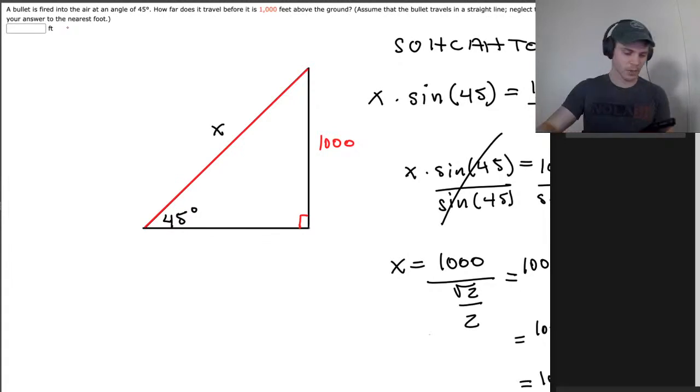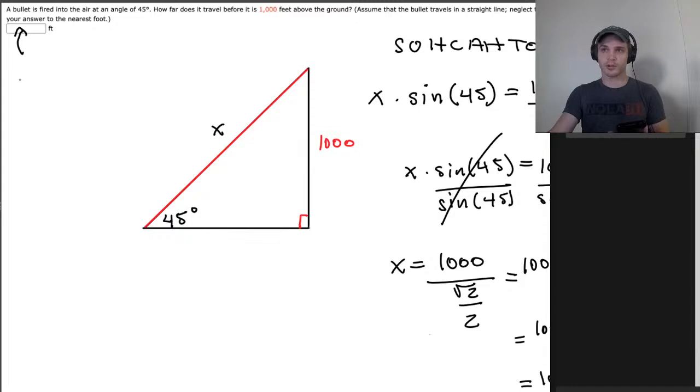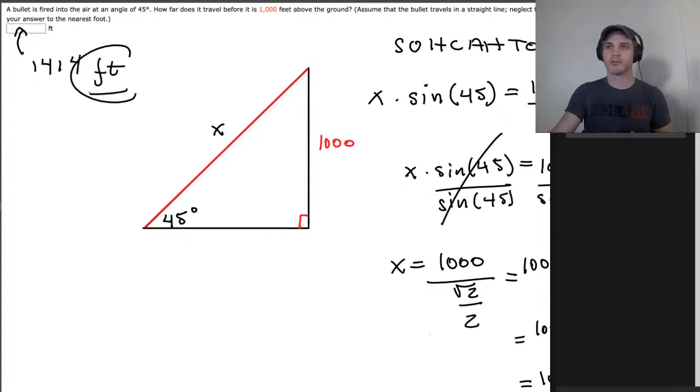Yeah, cool. So plug that into your calculator and you get this value here. So we're going to enter that into this box. It's going to be, to the nearest foot, 1414. Okay, feet. Don't type the feet. That's extra. And there you have it.